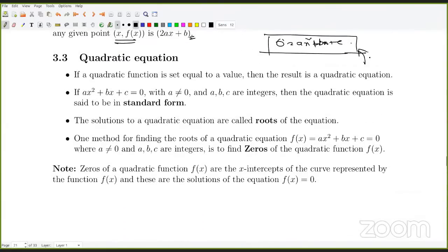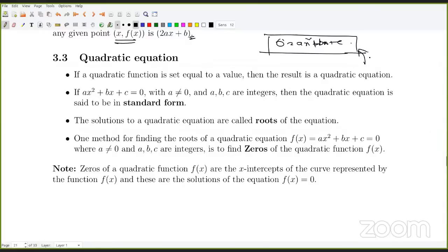Using any of these, we can find the roots of this equation. The solutions of this quadratic equation are called the roots of the quadratic equation.